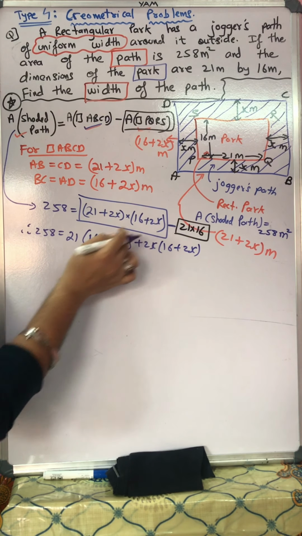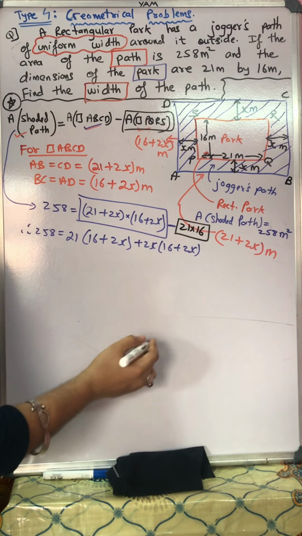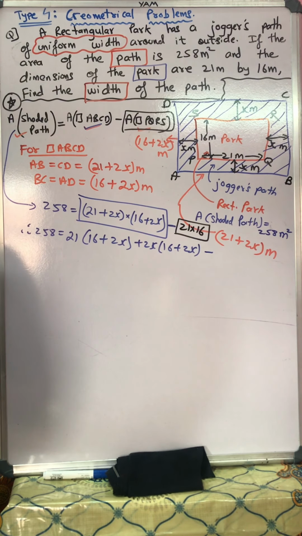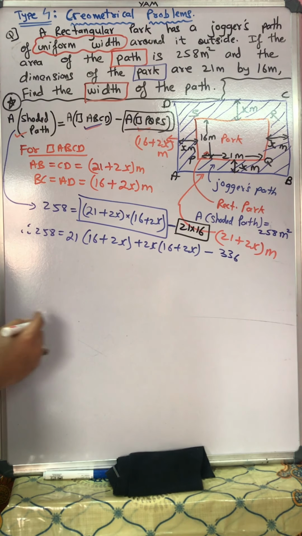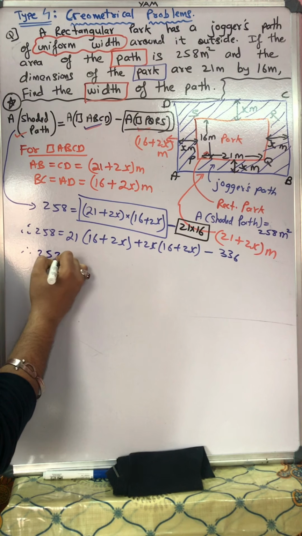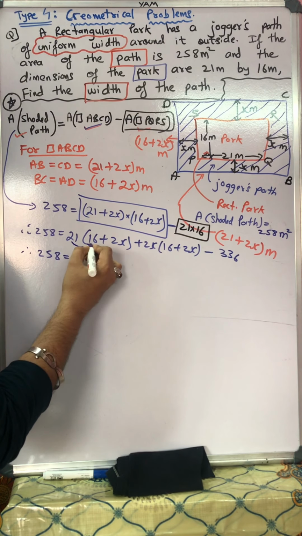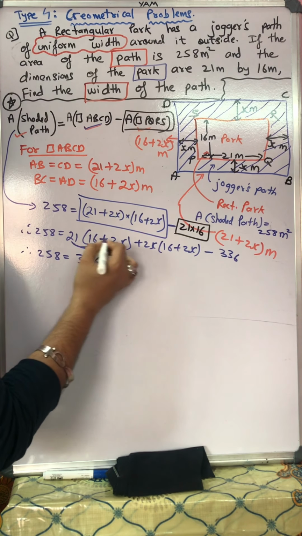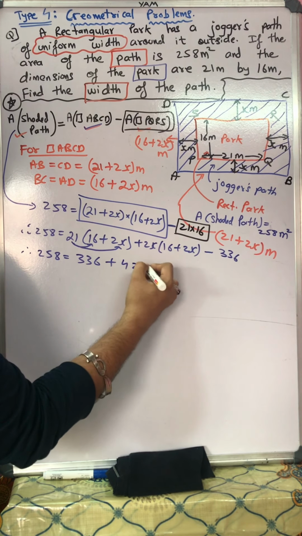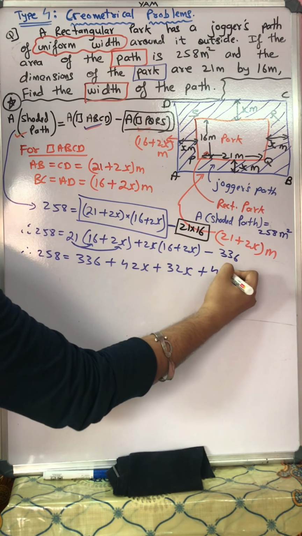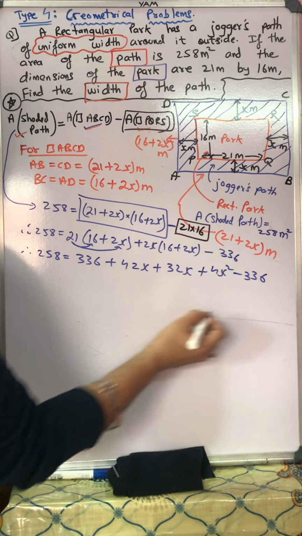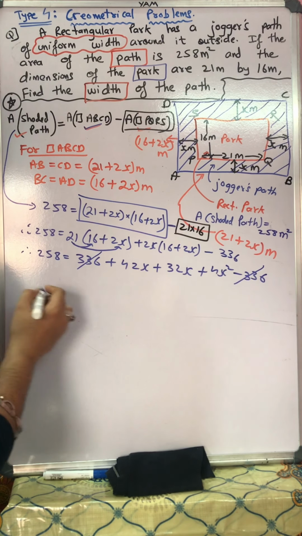Minus 21 multiplied by 16, which is 336. Now 21 multiplied by 16 is 336, plus 21 into 2x is 42x, plus 2x into 16 is 32x, plus 2x times 2x is 4x squared, minus 336. So plus 336 minus 336 cancels.